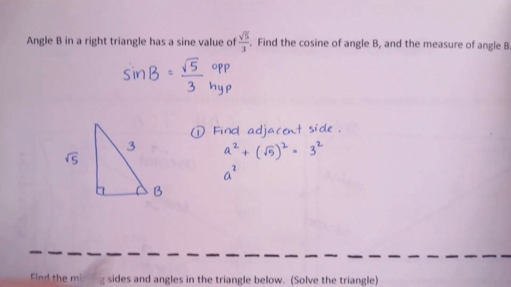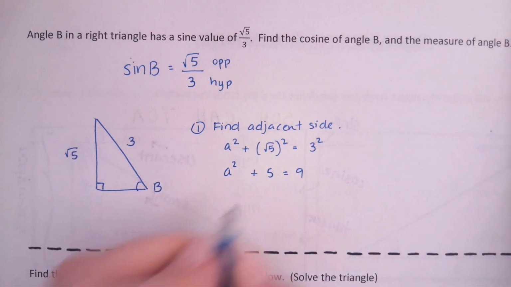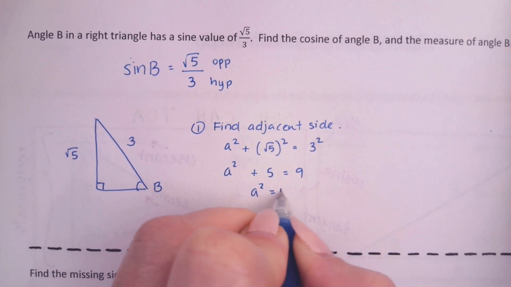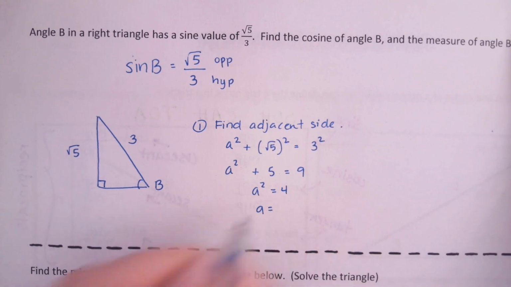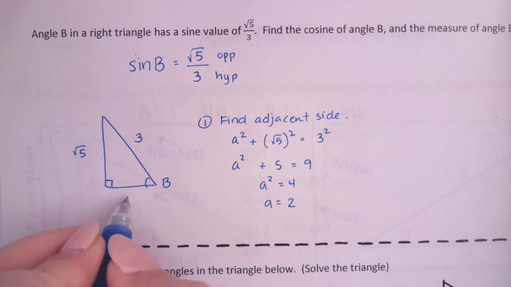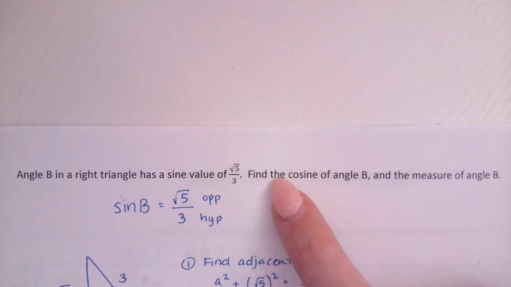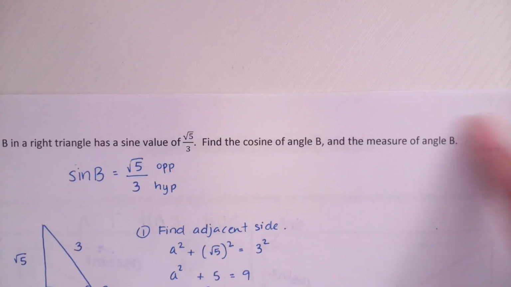What's √5 squared? 5. So that means a squared is 4, which means a is 2. A nice number. All right, we found our adjacent side, so now we can find the cosine of angle B.